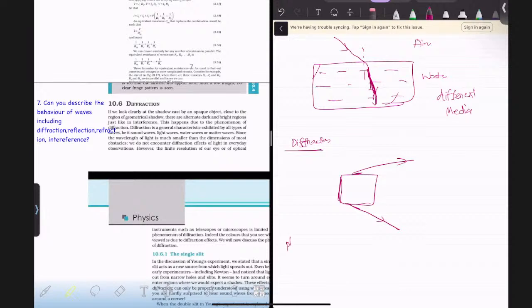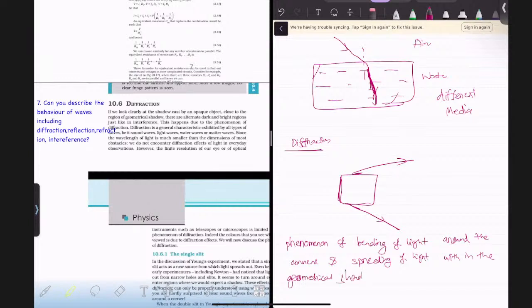Diffraction is the phenomenon of bending of light around the corners and spreading of light within the geometrical shadow of opaque object.